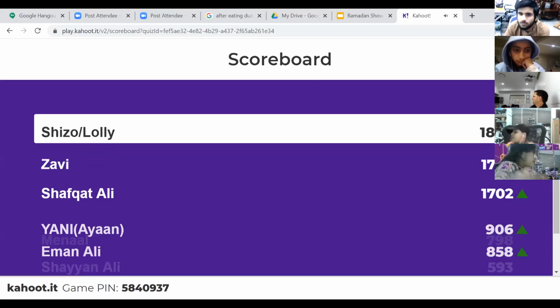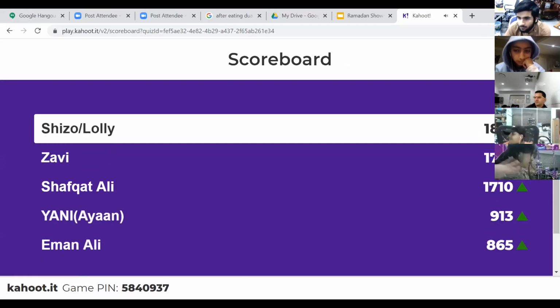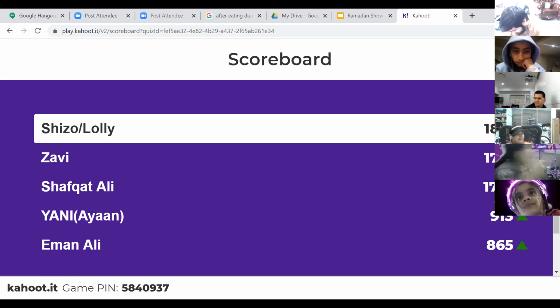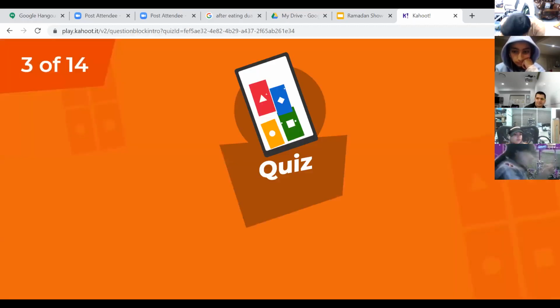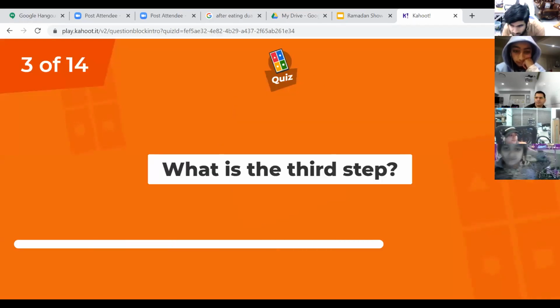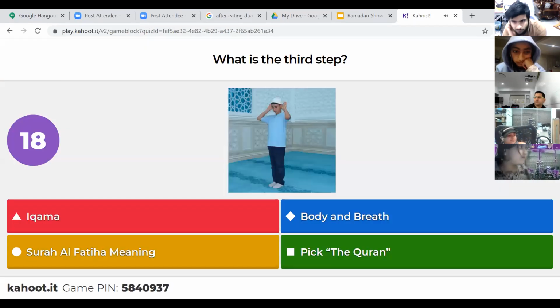So, second leaderboard. Shazin gains the lead, followed by Zavi, who goes up to second. Shafqat goes up to third, Ayan goes up to fourth, and Manal comes to fifth. So everyone has pretty much changed their positions. So next question. What is the third step? Okay, I might have said this too, so I'd be very surprised if you got this wrong.